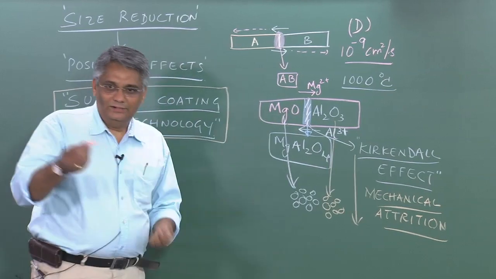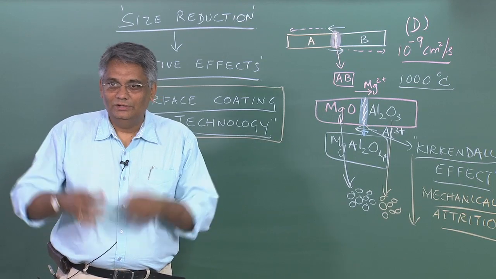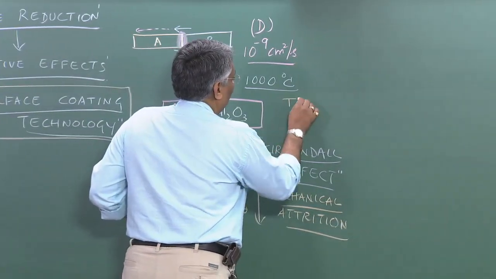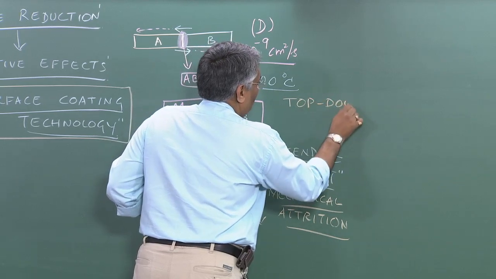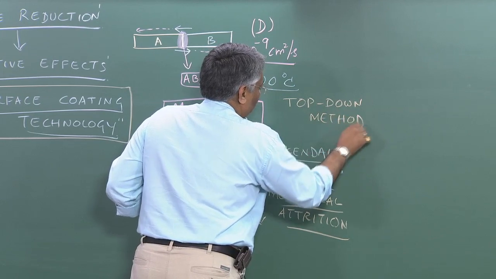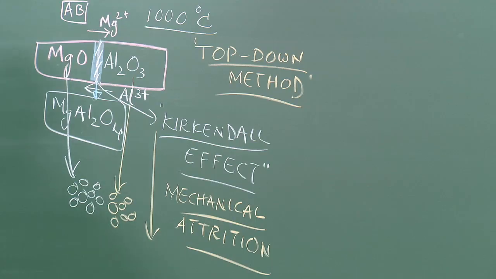Now, mechanical attrition is one of the processes that is used to create nanoparticles. This is called the top-down method.